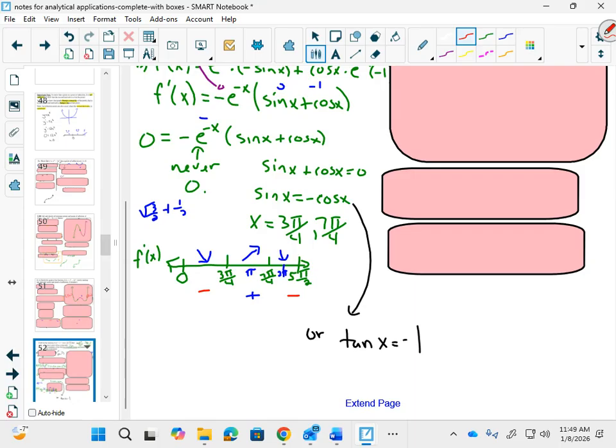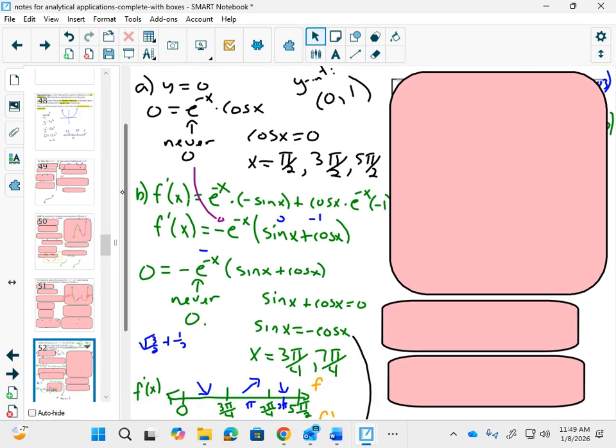Between 3 pi over 4 and 7 pi over 4, I would probably pick pi. Because those are easy values for sine and cos to figure out. And here I would pick 2 pi. So on our derivative, we had the sign diagram. That means our original equation is going up and down.